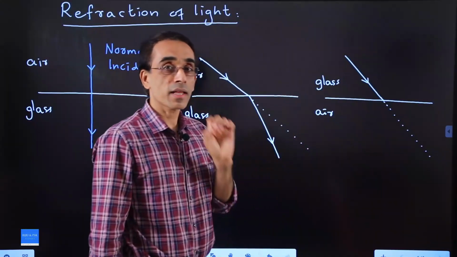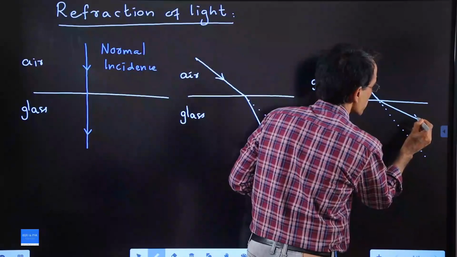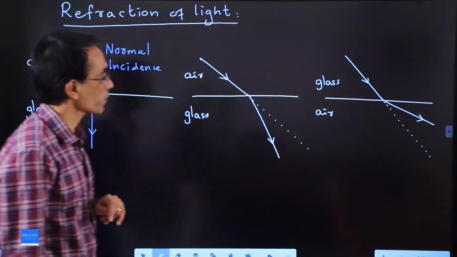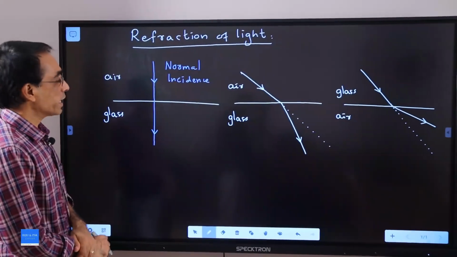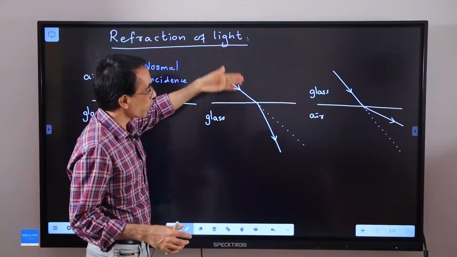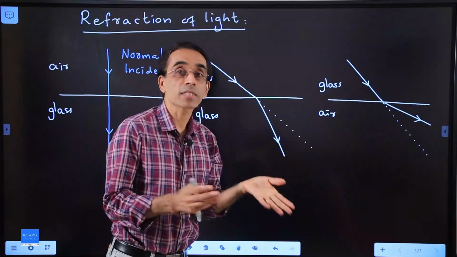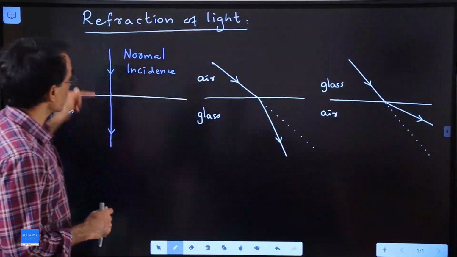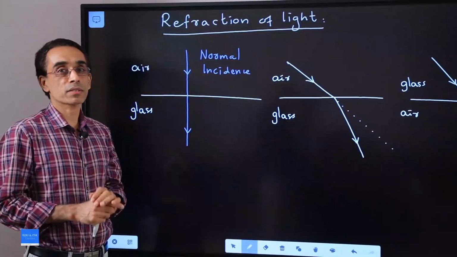But in this case, light will not follow that path, but light will go in this direction. So from the three diagrams, what we understand is that in certain situations, when light goes from one medium to another medium obliquely, there is a change in its path. But if it goes from one medium to another medium normally, there is no change in path.